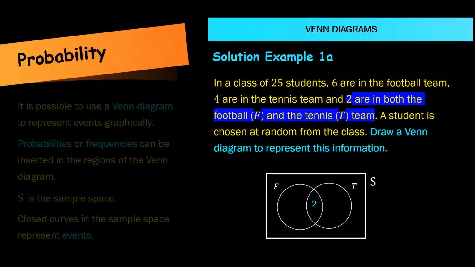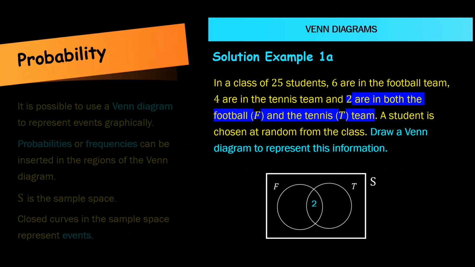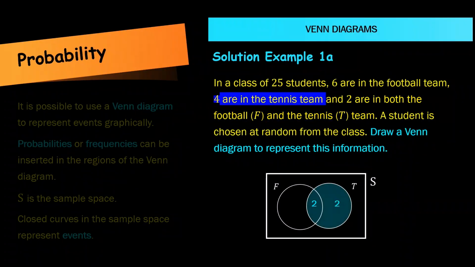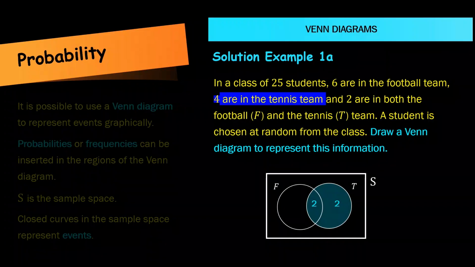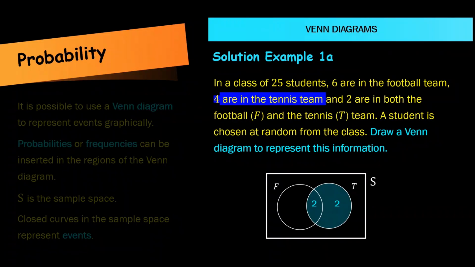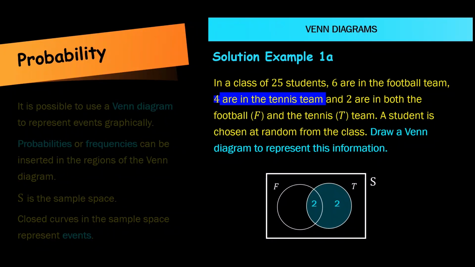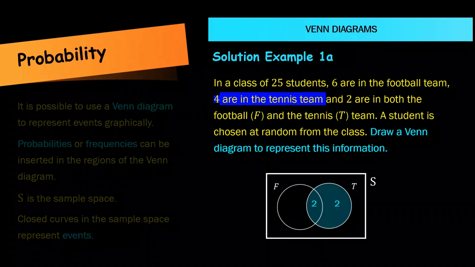Notice that we're starting from the center of the diagram, or the main intersection. So we've inserted 2 right in the intersection. We also have that 4 students are in the tennis team. Therefore, in this shaded region, all the numbers should add up to 4. We already had a 2, now the other number is also a 2.